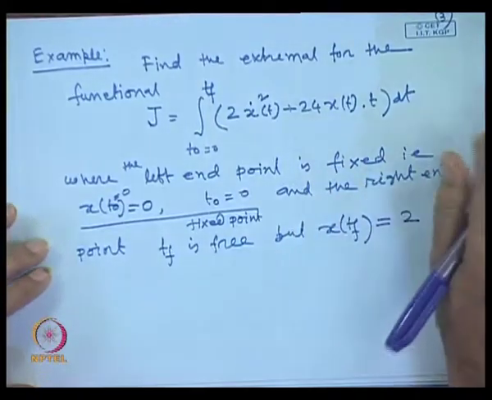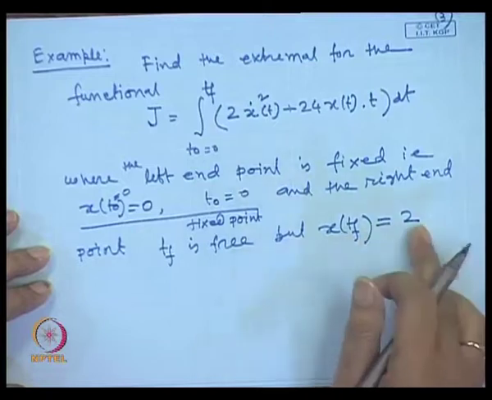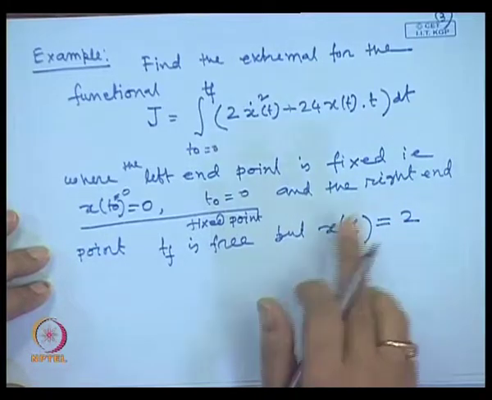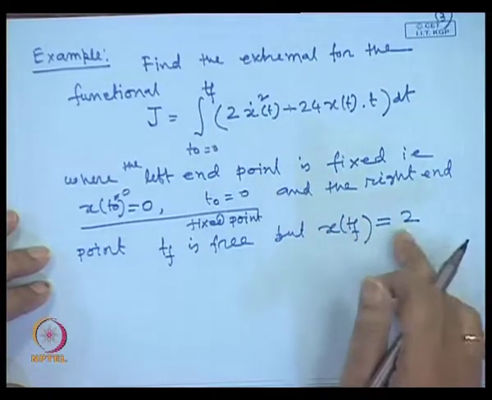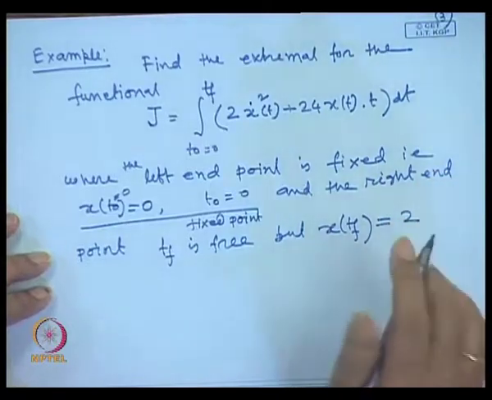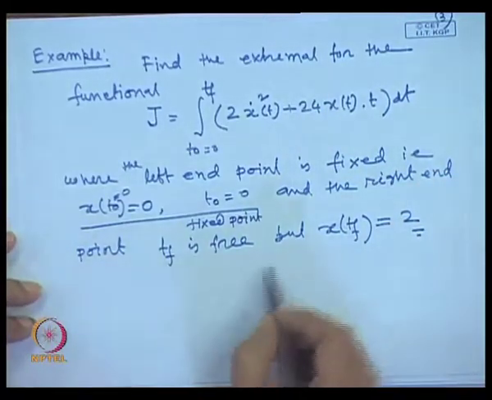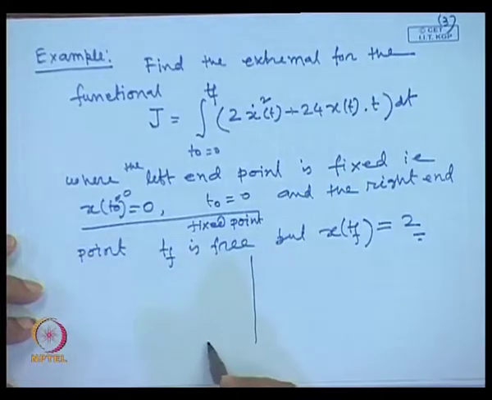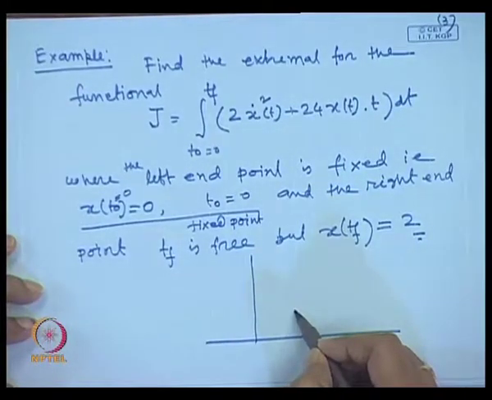Whatever the tf value, it is free, but finally this trajectory should reach x equal to 2 at whatever time it may be. So, corresponding to our problem, if we represent it, it is something like this.